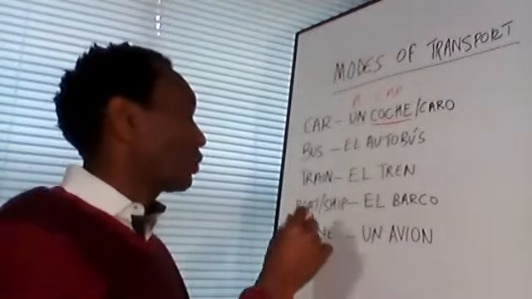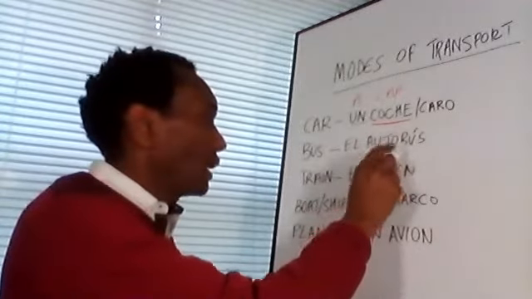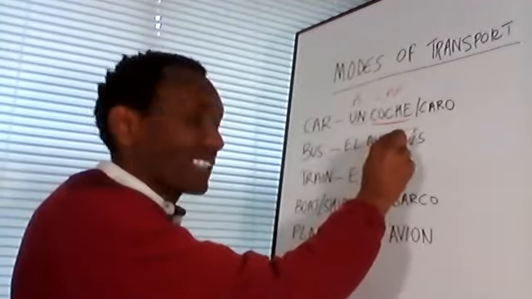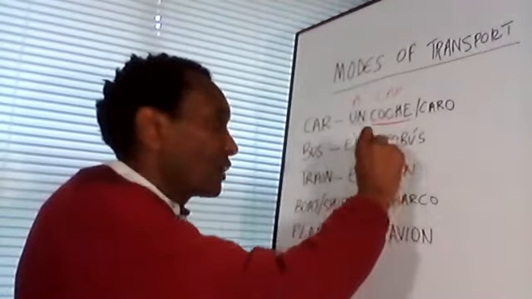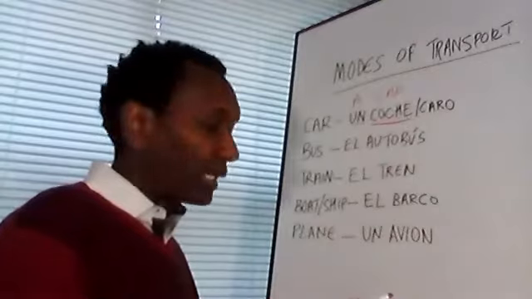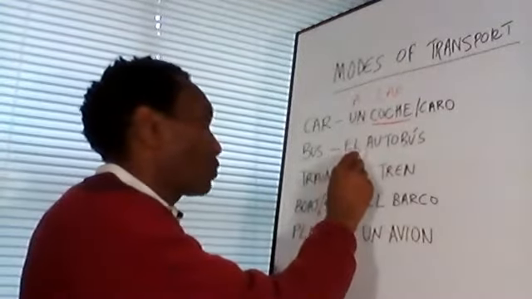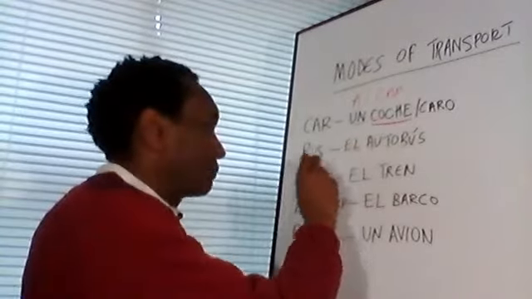Now, a bus is called el autobús. You see the accent on the U there, it means there's going to be a stress on that U. El autobús. So again, you see before the word autobús, there is EL.